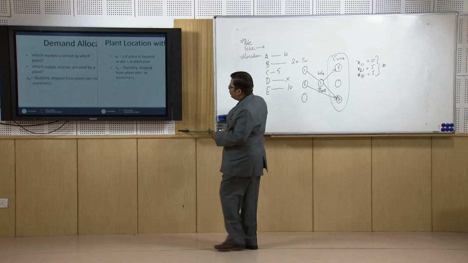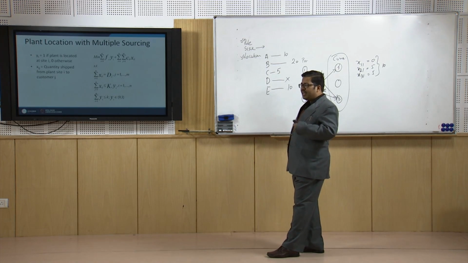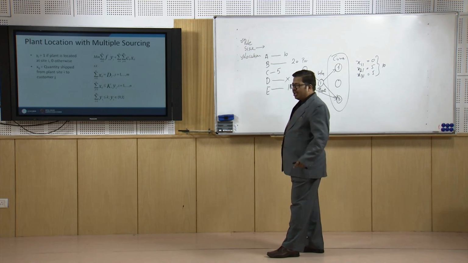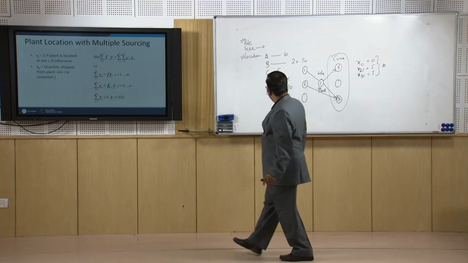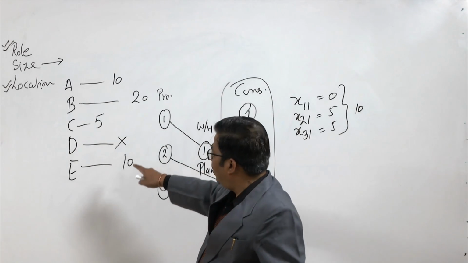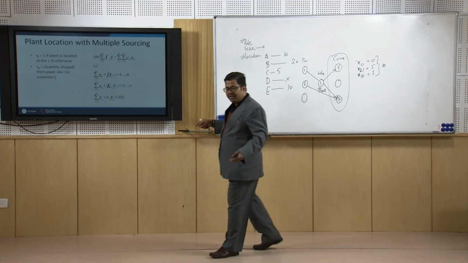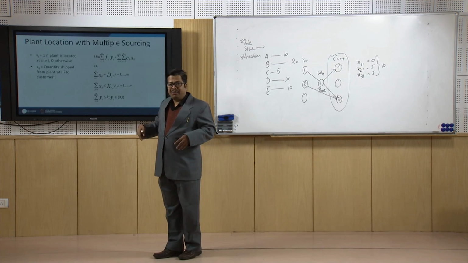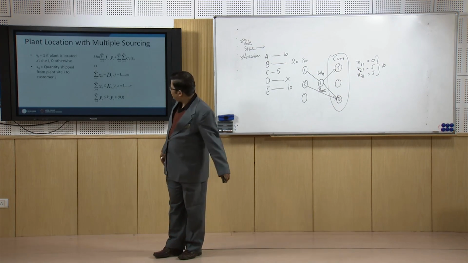Now moving further, we have another situation. We have multiple sourcing locations, like this particular case where you have A, B, C, D, E, with different types of capacities.